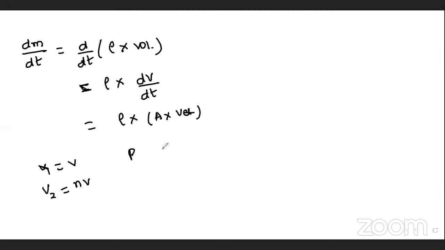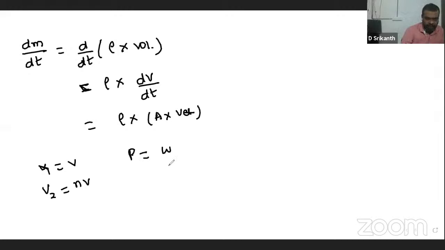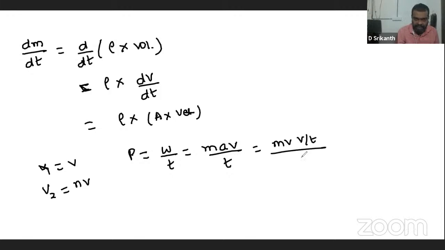Since power is equal to work done by time, that is F v, that is m a v by t, that is m v. Acceleration I can write as v by t, so m v square by t square.